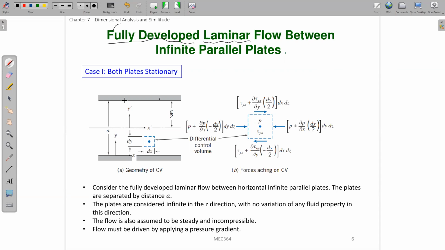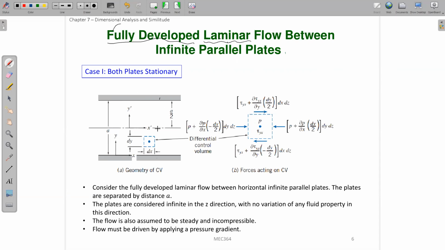When we say infinite parallel plates, if we define this as the x direction and this as the y direction, it means that in the x direction this plate is infinitely long, and we also assume the flow is one-dimensional.